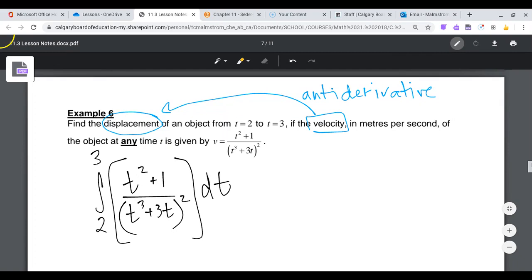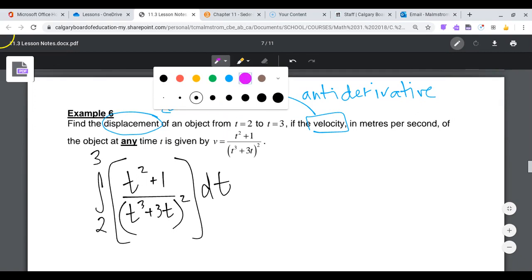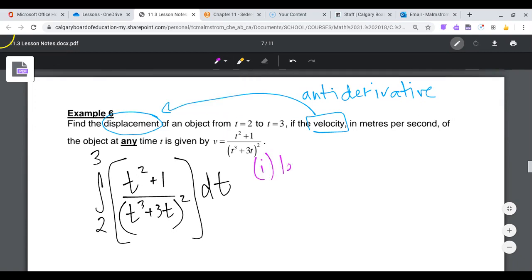So what are we going to let u equal? I'm going to let u equal the stuff in brackets, t cubed plus 3t. Take the derivative du dt, so taking the derivative of u in terms of t. 3t squared plus 3 will be my answer here.